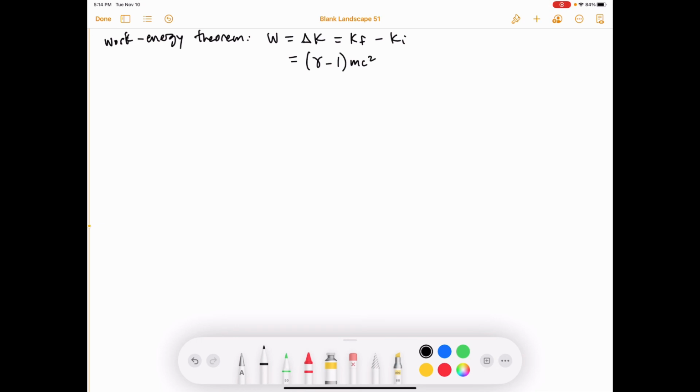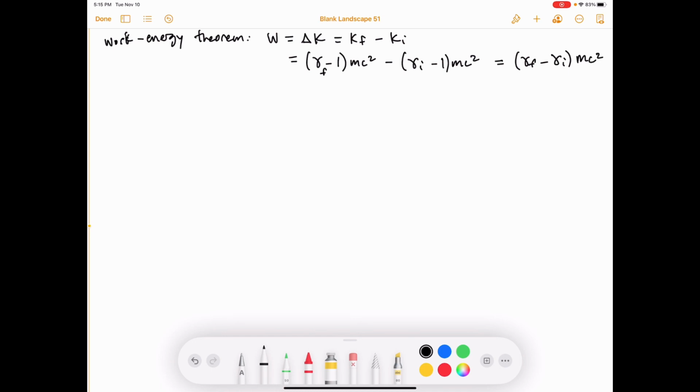So for K final, it's going to be gamma final minus 1 times mc squared. And then for K initial, we have gamma initial minus 1 times mc squared. The factor of 1 can cancel out. So that would be gamma final minus gamma initial times mc squared.